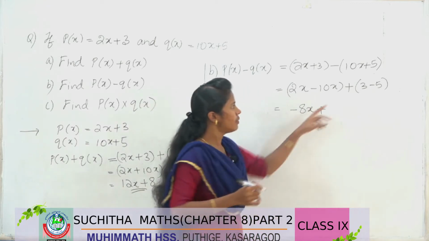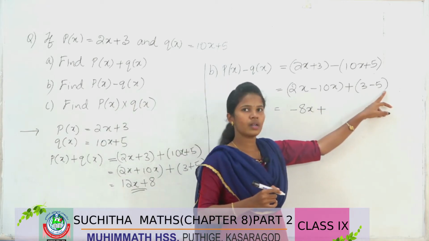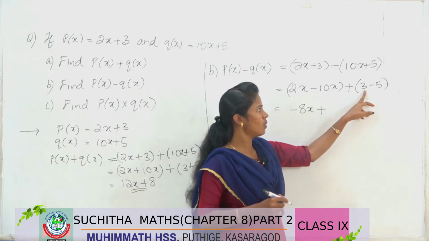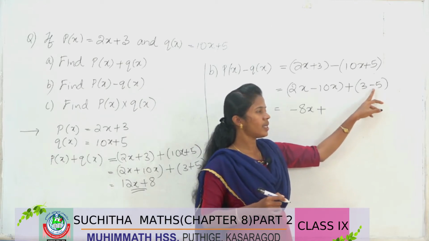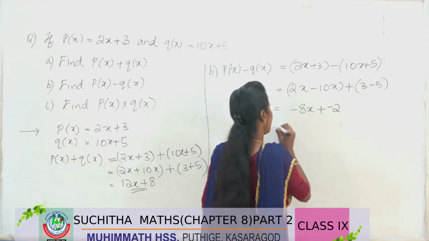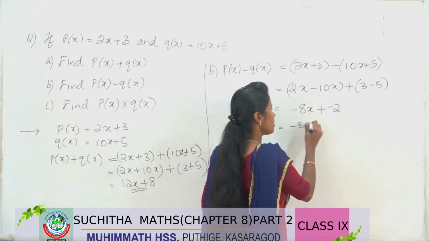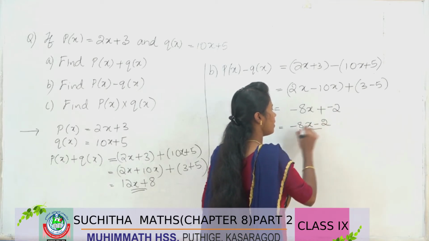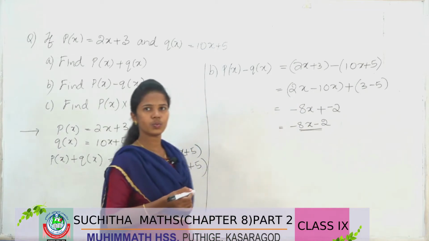Plus 3 minus 5: here also subtract, 5 minus 3 is 2, and the sign of the larger number is minus, so the answer is minus 2. That is minus 8x minus 2.